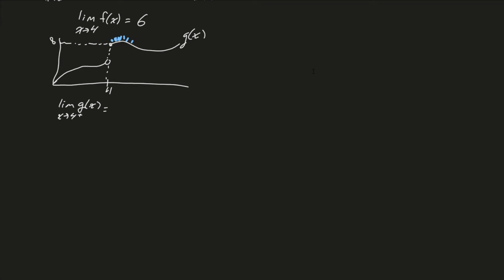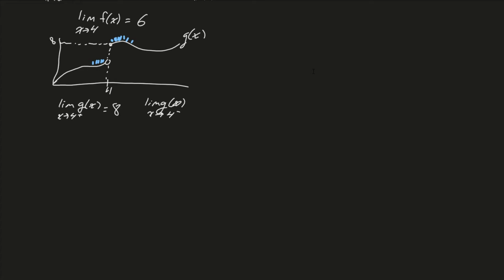So this is 8. But we're going to notice already that if we're coming up on the left-hand side, so if they say to find the limit of g of x as, forgive me, I've got handwriting of a doctor. So if they tell us to come up on the left-hand side of g of x at x equals 4, we're going to notice that our answer is going to be a little bit different, because now as we come up on this left-hand side towards this hole, reminder, we're always getting very, very close to 4, but we're never going to touch it. So we're never going to touch that hole.